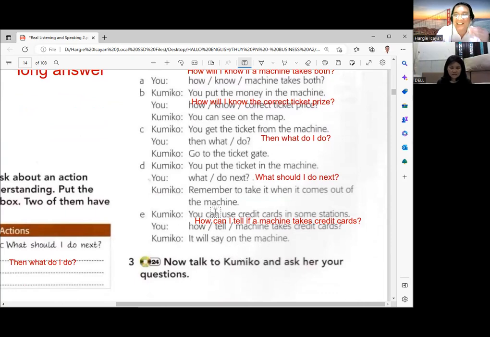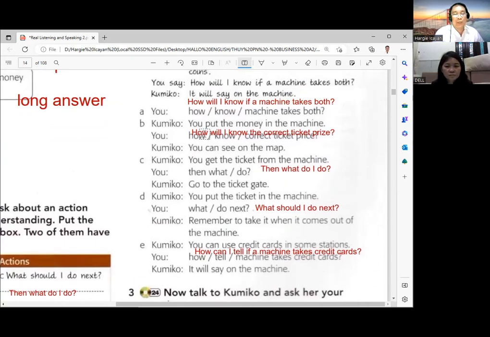Okay, let's exchange now. You will do Komiko and I will do you. How will I know if a machine takes both? You put the money in the machine. How will I know the correct ticket price? You can see on the map. You get the ticket from the machine. Then what do I do?